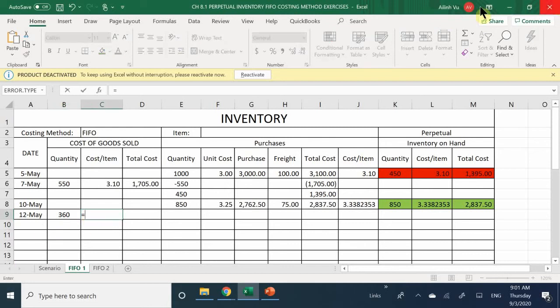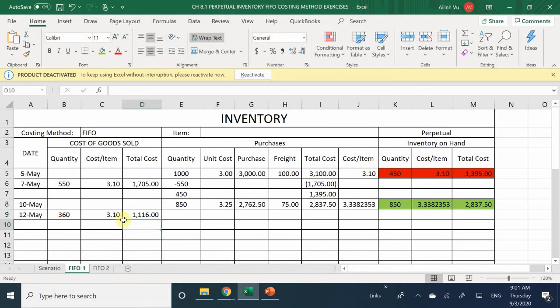So I am going to grab this number here and multiply across. And how much did I sell? 1116. Good. So now I'm going to add my calculations here.